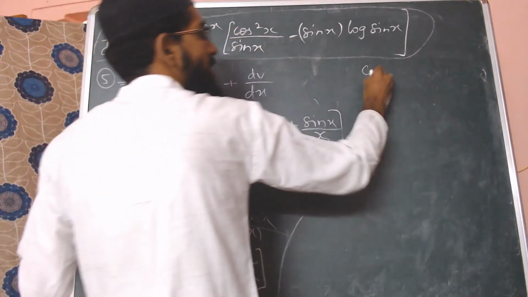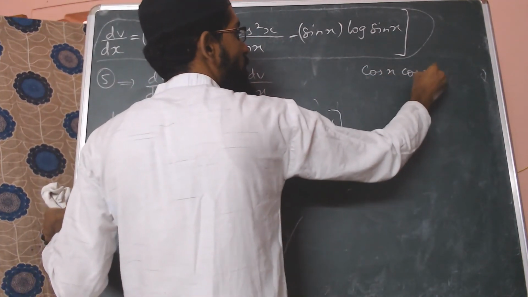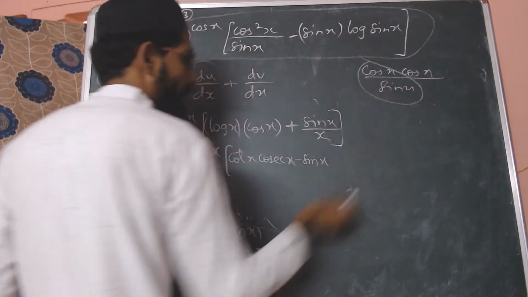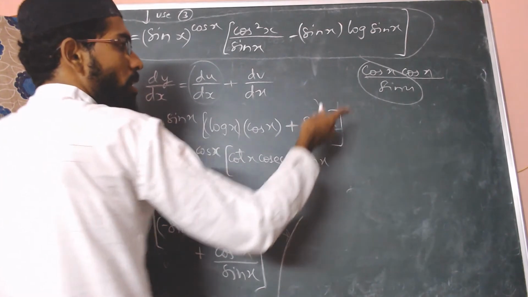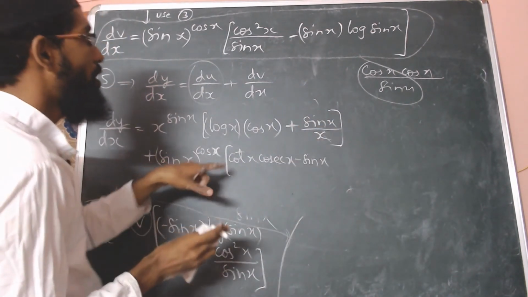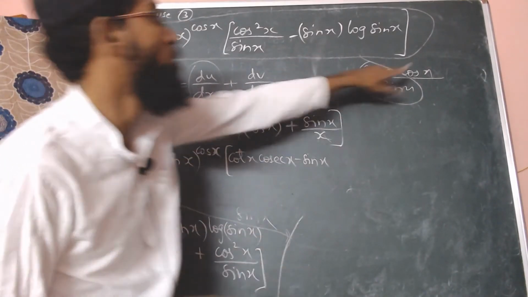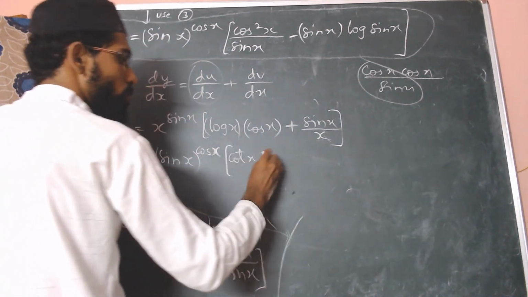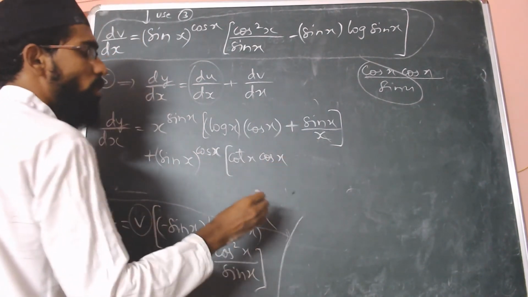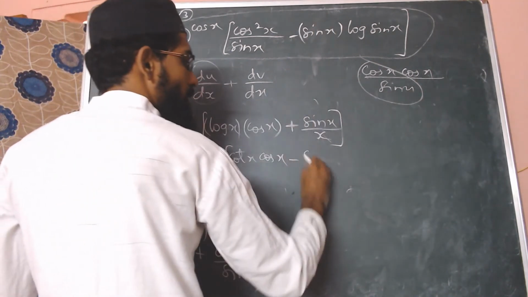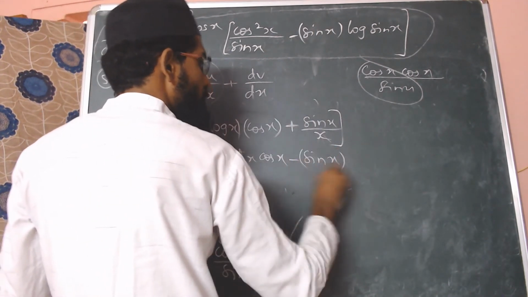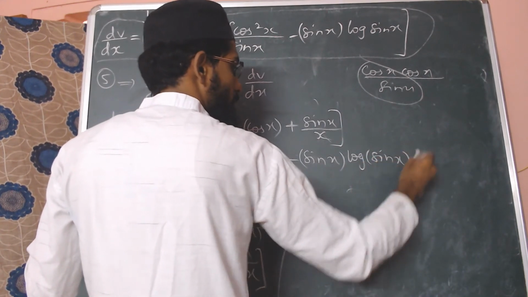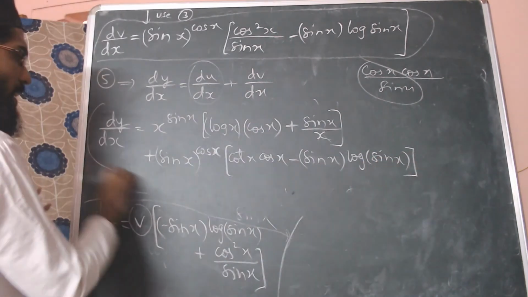Cos square by sin x is nothing but cos x into cos x, so cos into cos by sin. Cos by sin I have written as cot, so cot into one cos left out, so cot x into cos x, minus sin x into log of sin x. So that's it. This is my dy by dx.